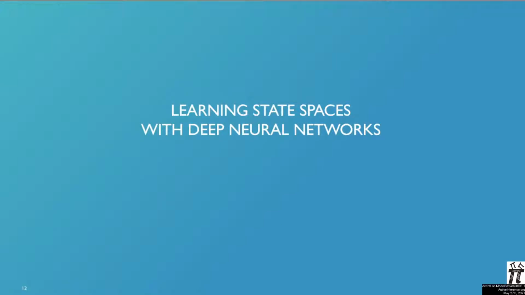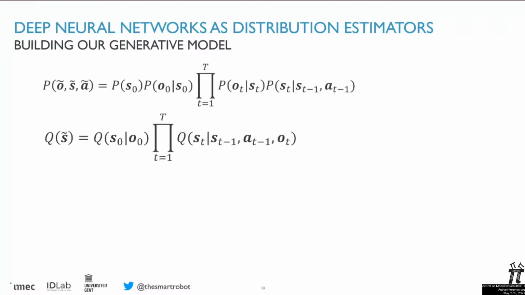So let's now go to the really interesting part of the work: how do we learn state spaces with deep neural networks in such an active inference scheme? Basically, we have two components.